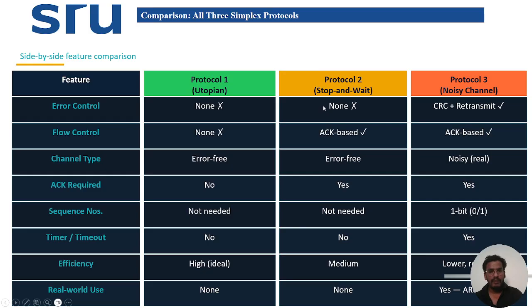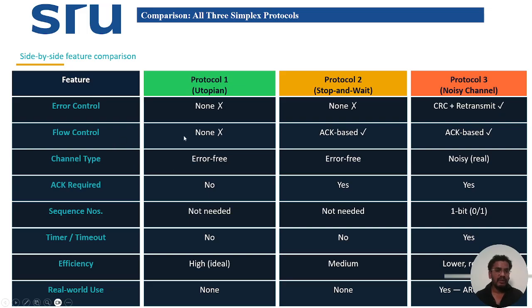Here, error control is also used in stop and wait, and it's possible, but it's not as efficient as the third method, the noisy channel method. In the noisy channel method, in case of frame damage or data loss, we use cyclic redundancy check or checksum methods to retransmit the data from the sender side.